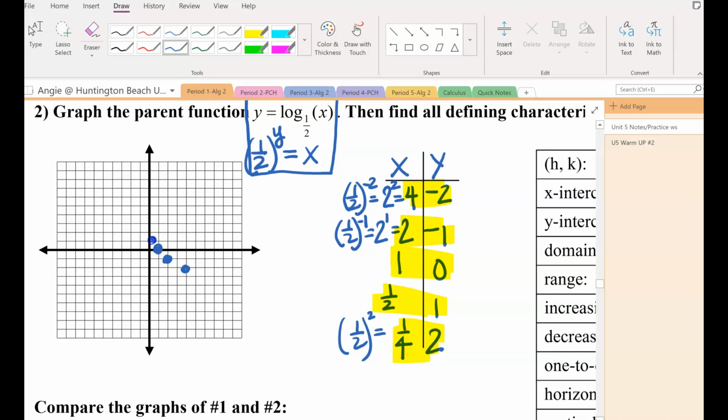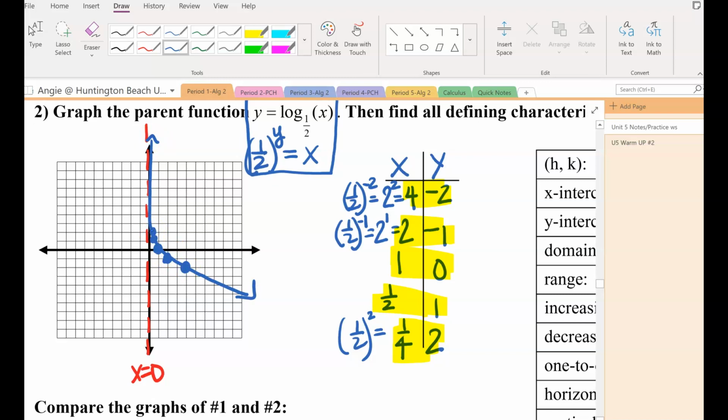Then 1/2 up 1, and 1/4 up 2. And even if I'm getting very close to x being 0, I still can never get x to equal 0. Since we cannot get x to be equal to 0, we still have that same exact vertical asymptote at x equals 0. Make sure you connect your dots. If you ever miss your dots, just make it really fat.